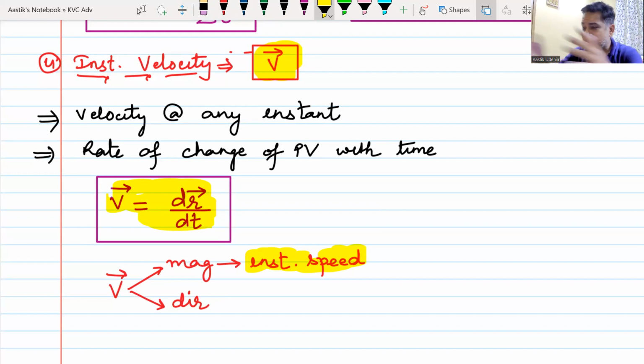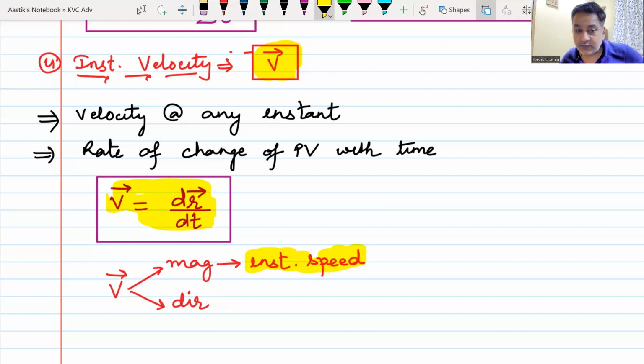You will first look at the speedometer. Okay, 40 kilometer per hour. That gives you your instantaneous speed, the magnitude of instantaneous velocity, and then you add direction to that. 40 kilometer per hour towards east, that becomes your instantaneous velocity. Do we understand this? Yes, sir.